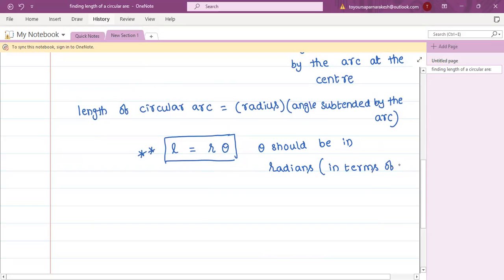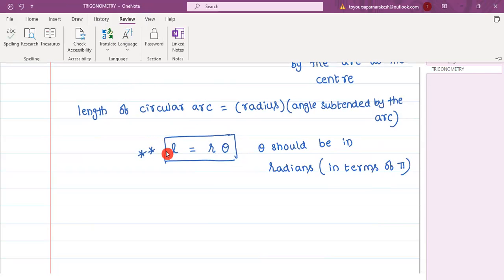So in this equation, L means length of the arc, R means radius of the arc, theta means angle subtended by the arc at the center. Theta always we have to express in radians, which means in terms of pi.